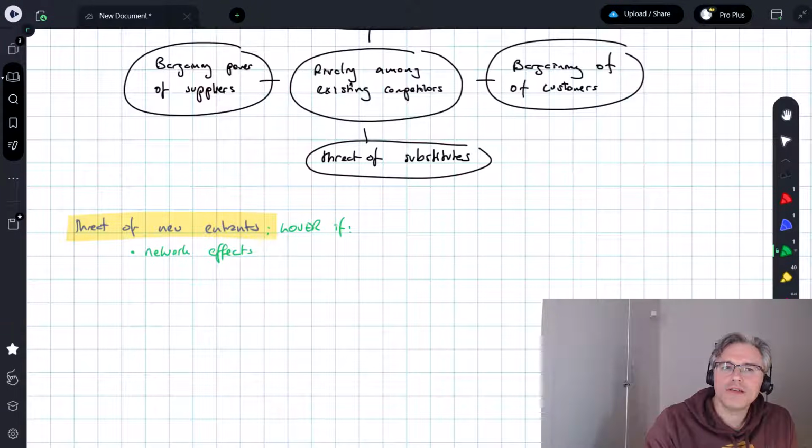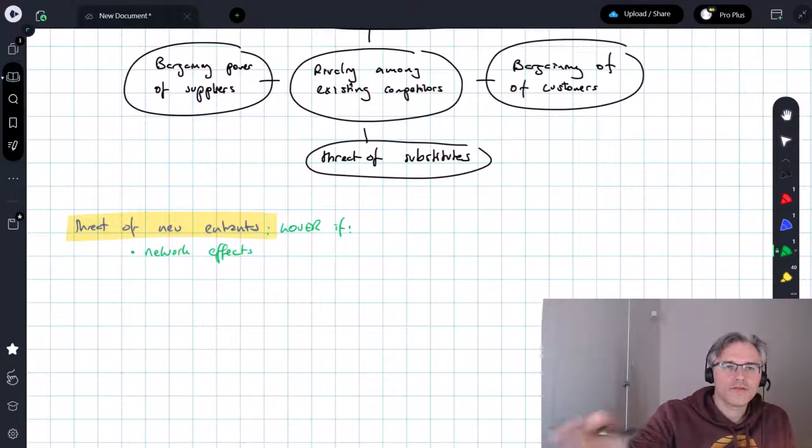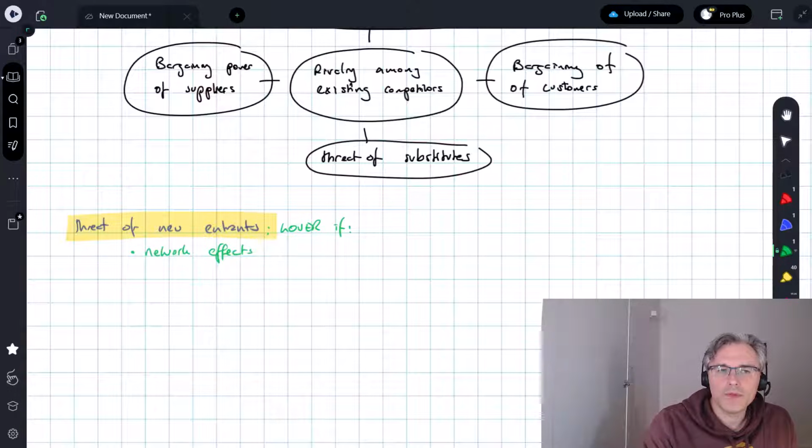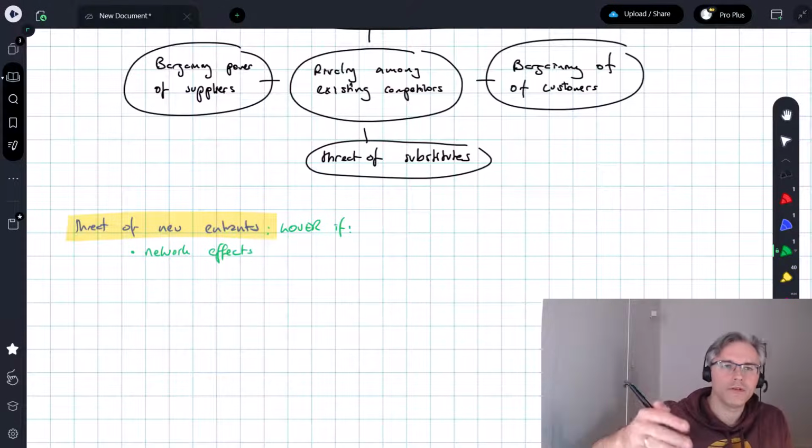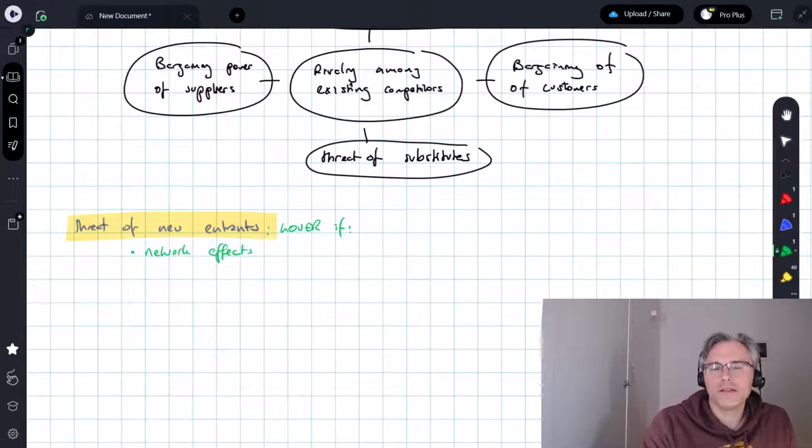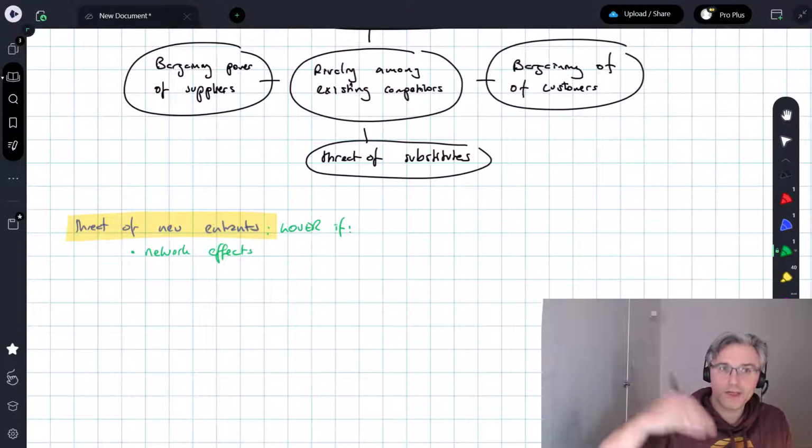This is the case with classic social media networks, or ride-hailing apps like Uber or Bolt, or food delivery apps. The more people join and the more restaurants or drivers join, the bigger the value to everybody. And it's very difficult for a new entrant to break into such a market, because you have to build that network up.